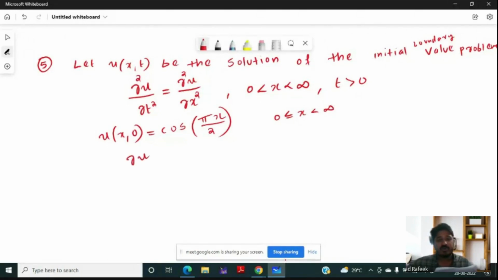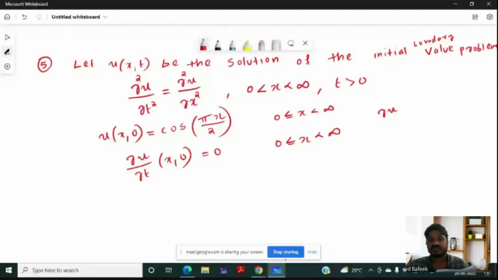dou u by dou t of x comma 0 equal to 0, 0 less than or equal to x less than infinity, dou u by dou x of zero comma t equal to 0, where t greater than or equal to 0.